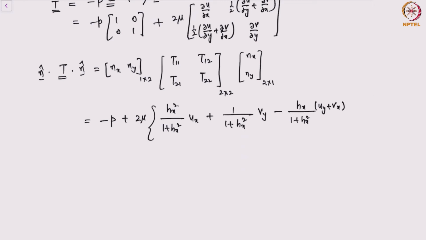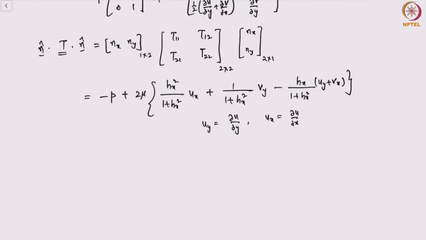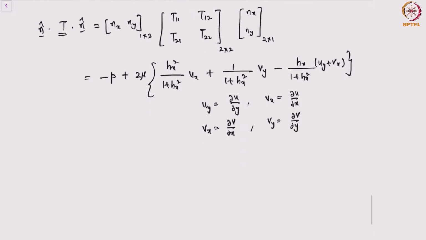So I'm using shorthand notation. uy is nothing but del u by del y, ux is del u by del x, vx is nothing but del v by del x, and vy is nothing but del v by del y. I'm just using simple shorthand notation, subscript.